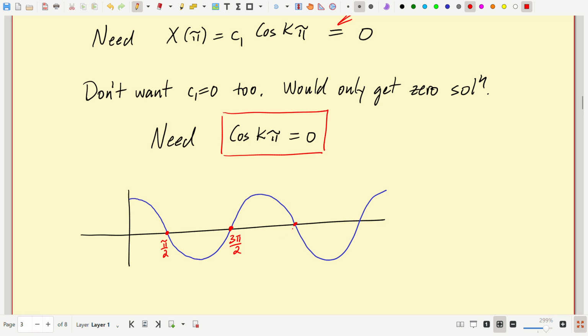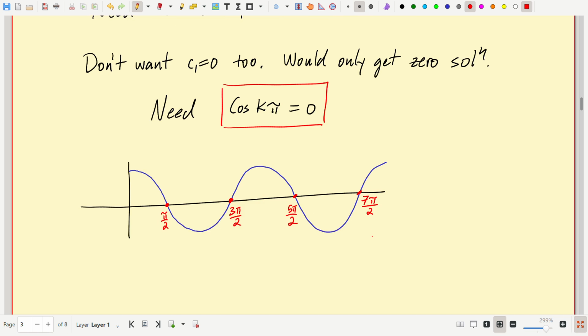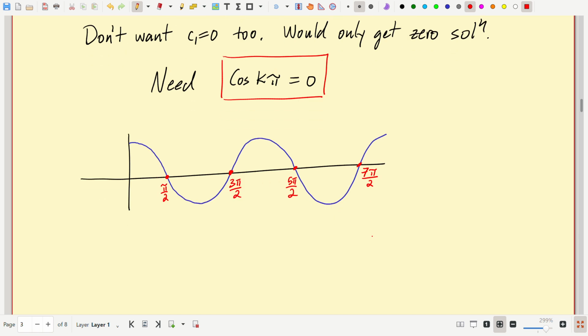This next one would be 5 pi over 2, and 7 pi over 2, etc. So this is a graph of cosine theta.